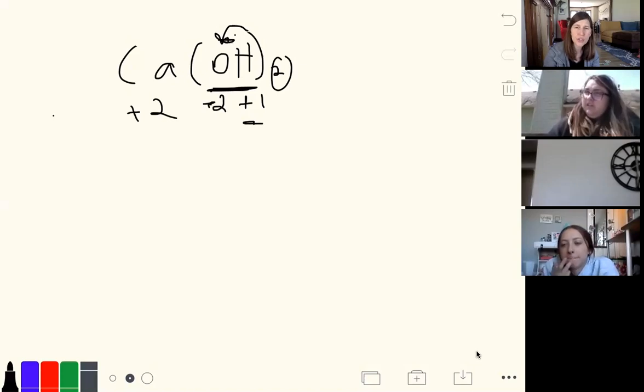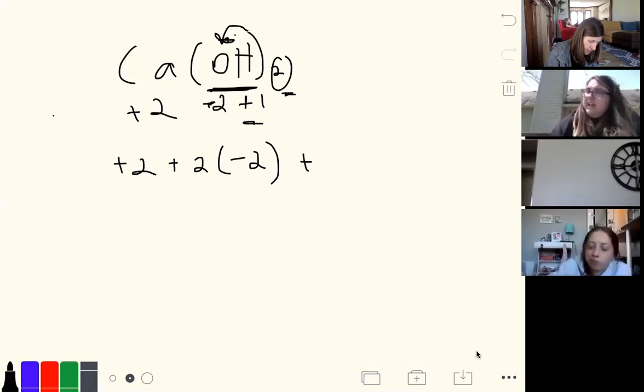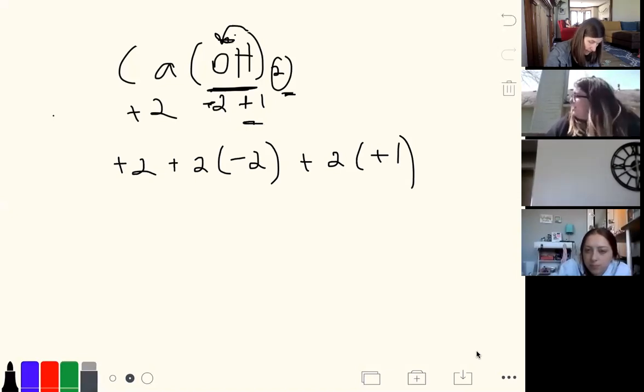So what I want to do is just double check that everything adds up to 0. So I'm going to say I have +2 plus, now I'm going to say 2, because there's 2 of them, 2 times -2 for that oxygen, plus 2 for the hydrogen times 1. I'm just putting those pluses in there just so you can see each piece of it.